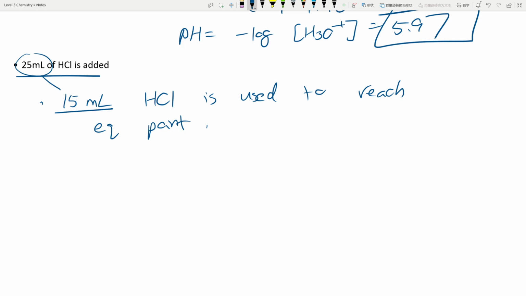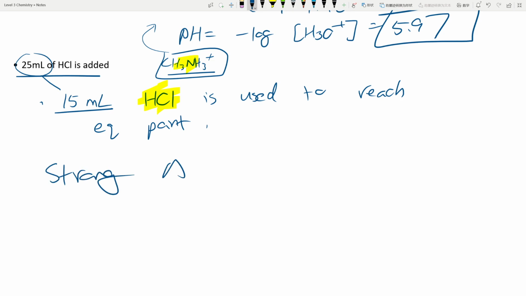Yes, you're going to have some CH3NH3 plus, the thing that we just did from up here. You're going to have some of these guys sitting there, but these guys are so insignificant compared to the strong acid. The strong acid completely dissociates. It's going to produce far more H3O plus ions compared to these guys over here. So when we're doing this part, you're just doing a strong acid calculation. Why is that?